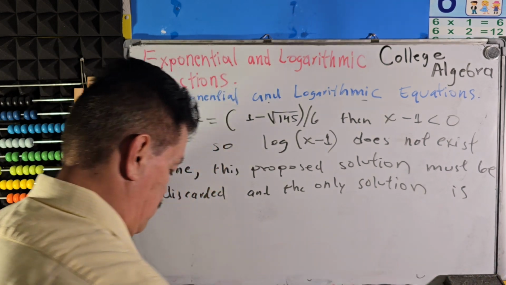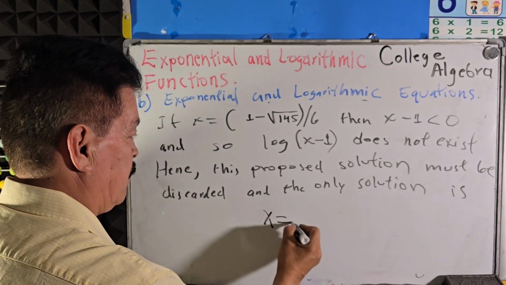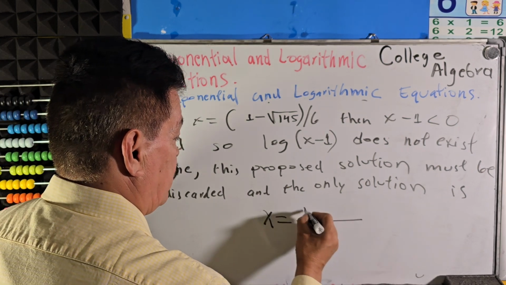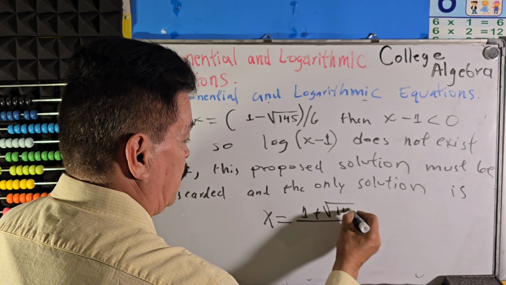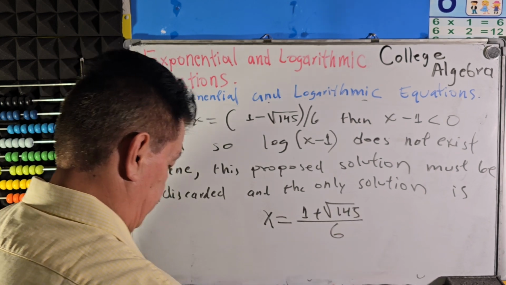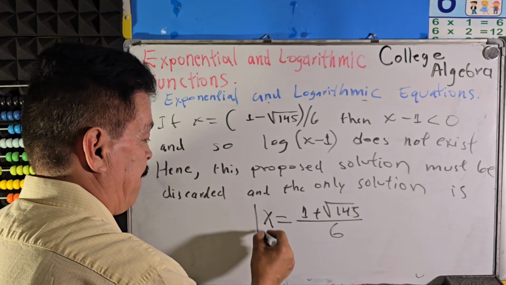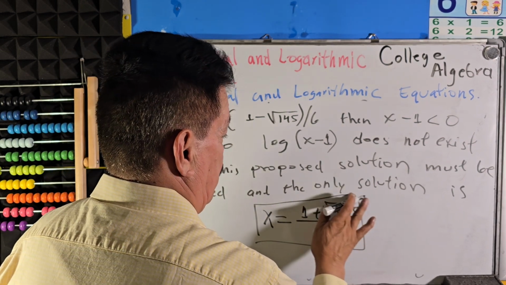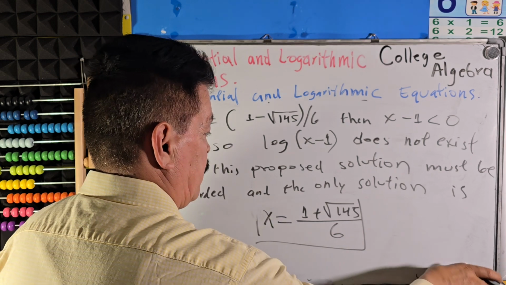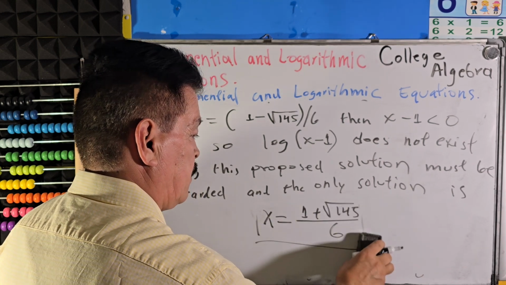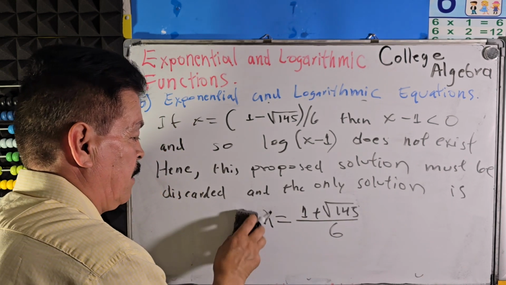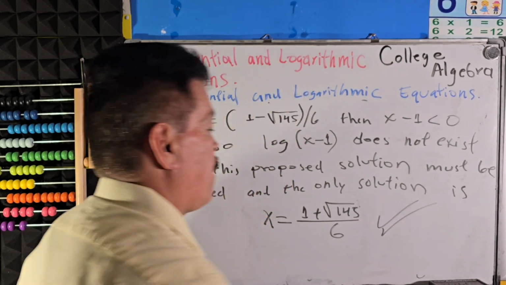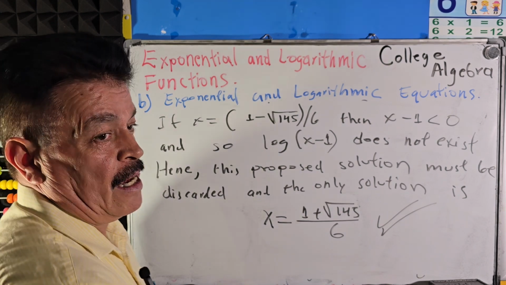The only solution to the problem is x equals 1 plus the square root of 145 divided by 6. This is our solution, all right, to our problem that I wrote before.